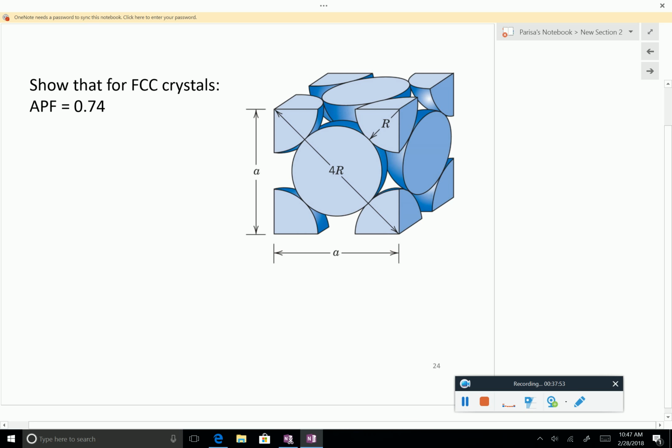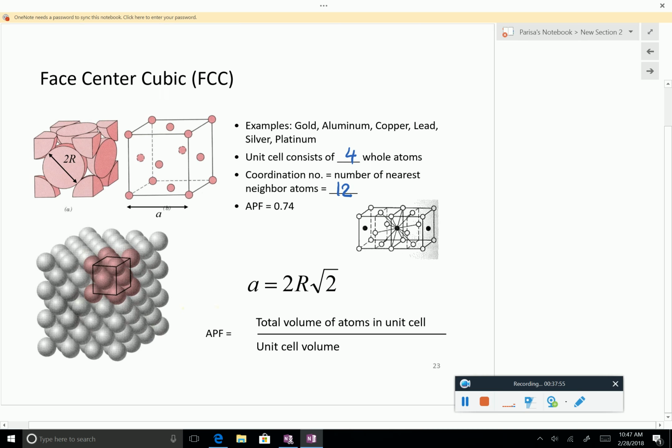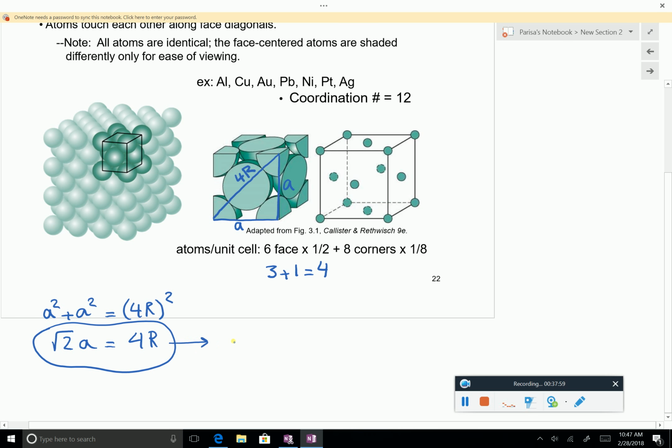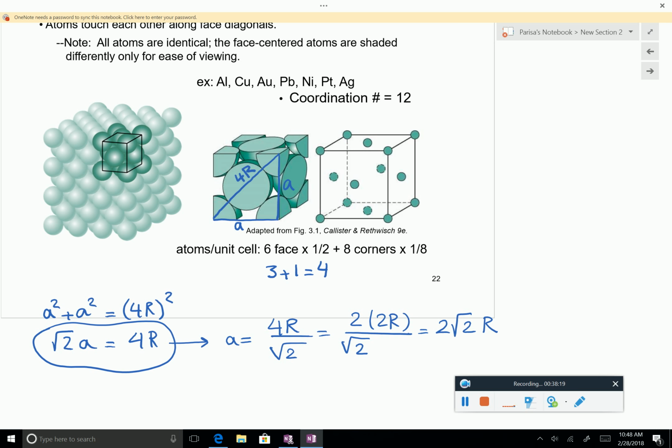So let me write something, since there was a question. So how do we go? So you can write this as, I didn't write it before, so I don't want you to be confused. So this is exactly the same as saying that A is 2 times the square root of 2r.